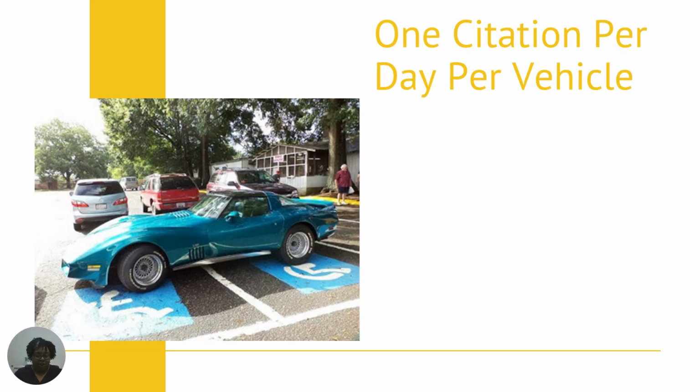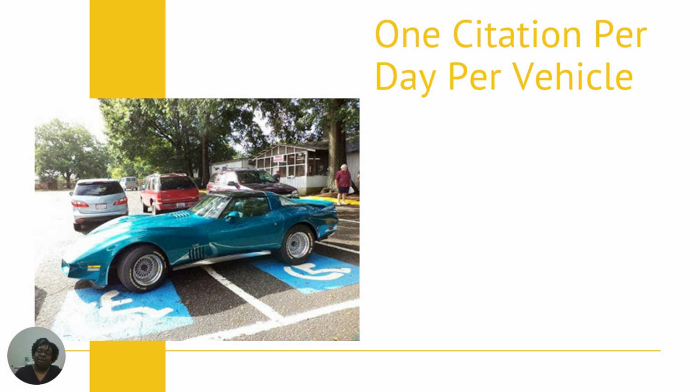Now you see this car here, pretty fancy car, maybe a collector or someone who's refurbishing antique vehicles. But no matter who it is, you can only give one citation per vehicle per day. So even though they are illegally parked in 2 disabled parking spaces, they can only receive one citation per day that will only be upheld.